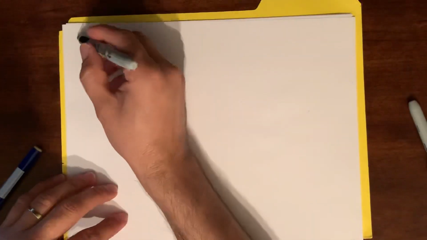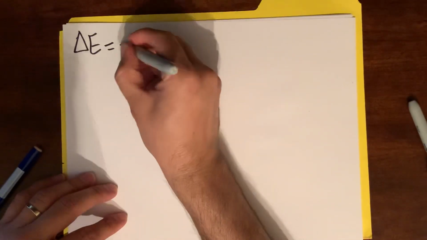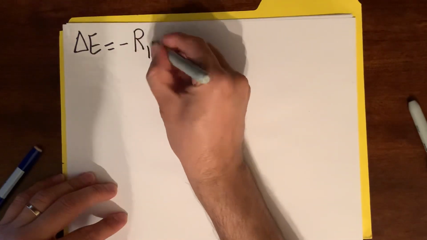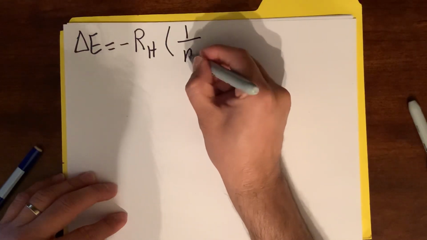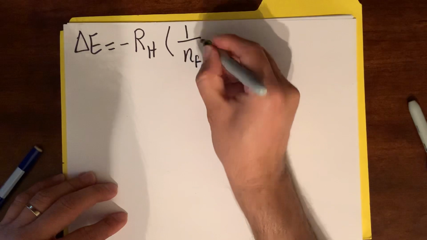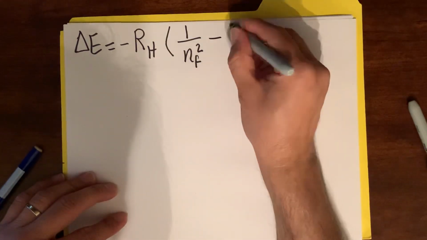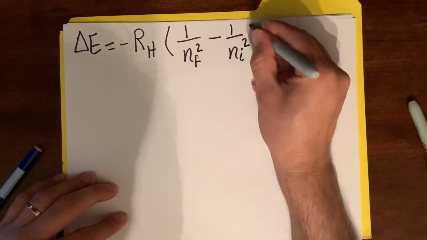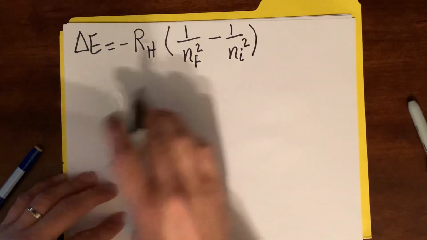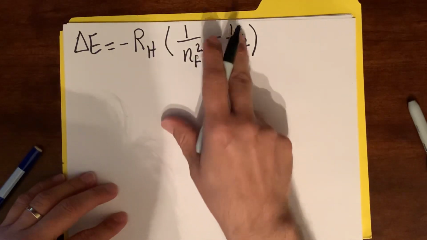So we got delta E, change in energy, is going to be equal to minus RH multiplied by 1 over final N to the second minus 1 over initial N to the second. Final N to the second, initial N to the second.